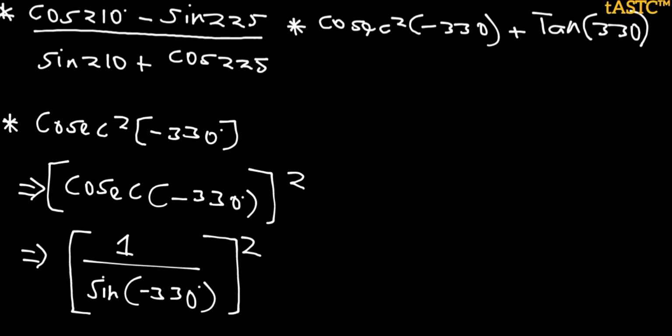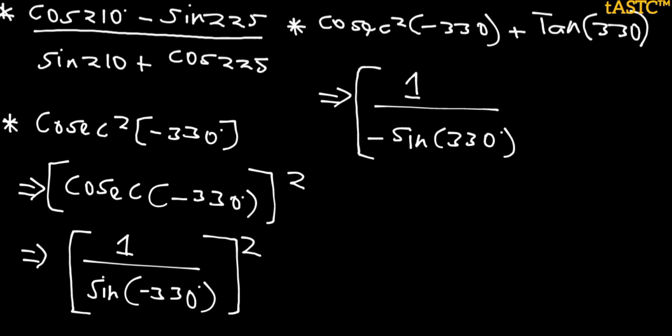Now this stuff, we need to first of all understand that if you have the sine of a negative angle, because sine is an odd function, the answer should be minus sine 330. So this is going to be 1 divided by minus sine 330 degree. And this is only as a result of the fact that you have a negative in there.